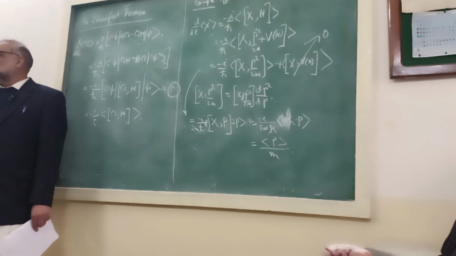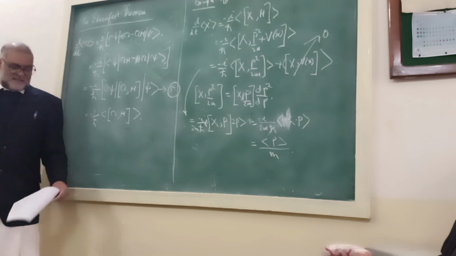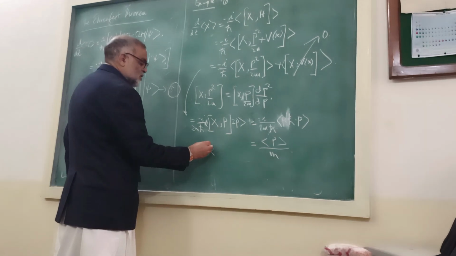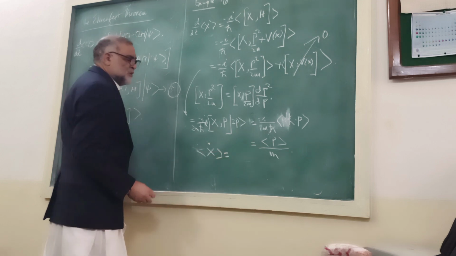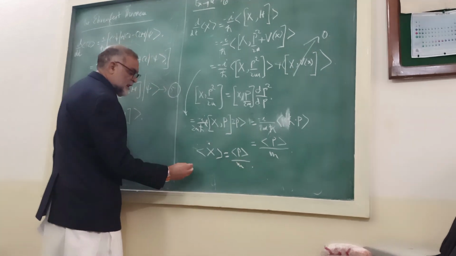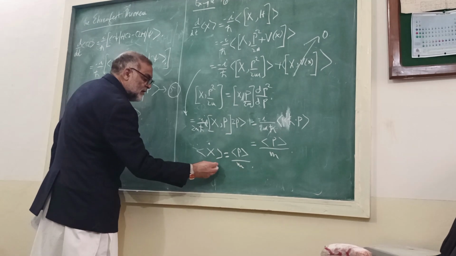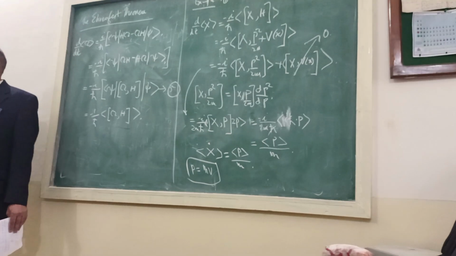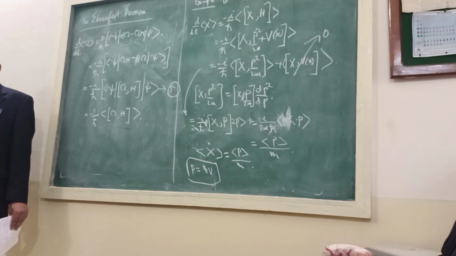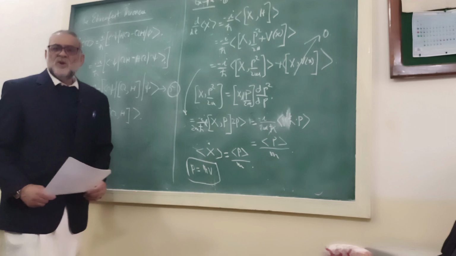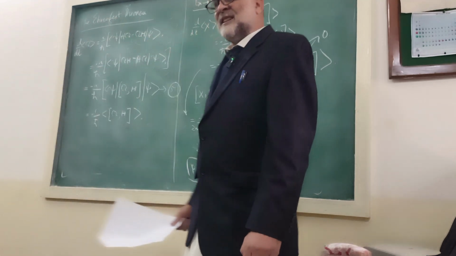V is equal to p by m. X dot is equal to p by m, by the classical equation. p is equal to mv. So the expectation values of quantum mechanics obey classical laws.